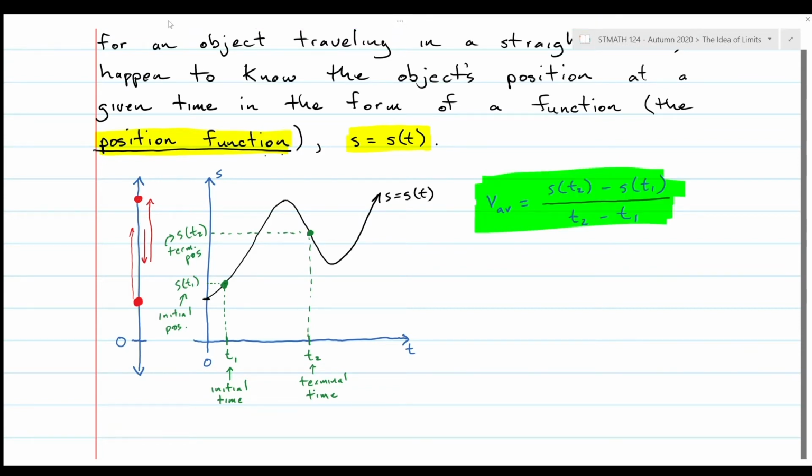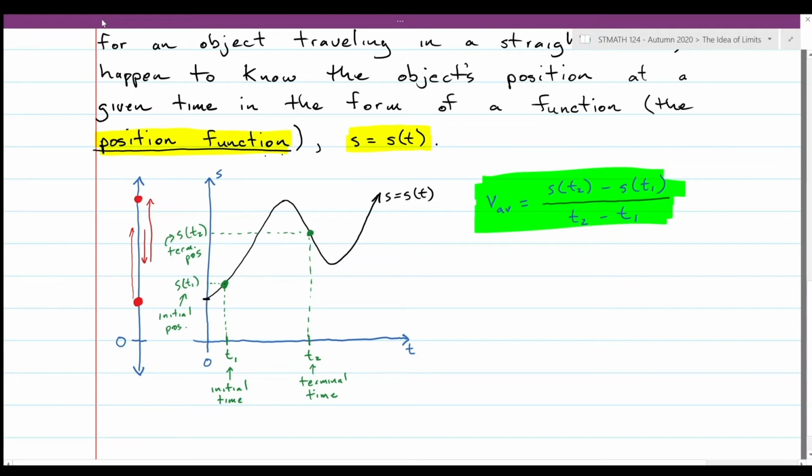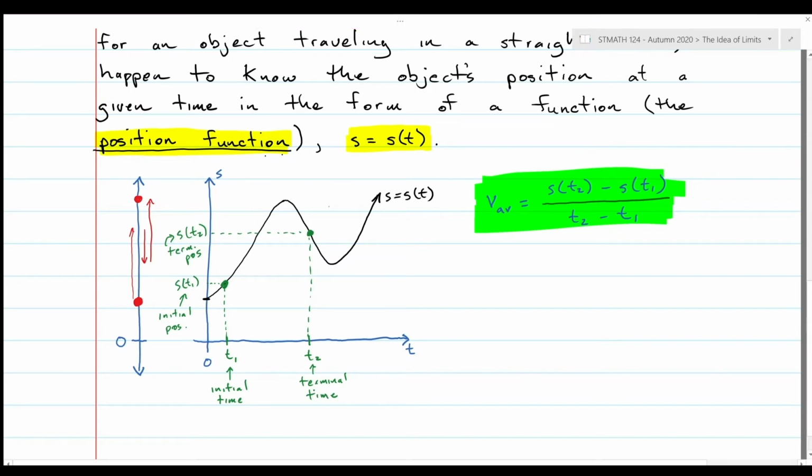There's just one more thing I want to observe about this, since we're in the neighborhood. If we look back at the graph, the points that correspond to the initial time and the terminal time have coordinates. Corresponding to the terminal time, the first coordinate is t2, and the second component of that point is s of t2.